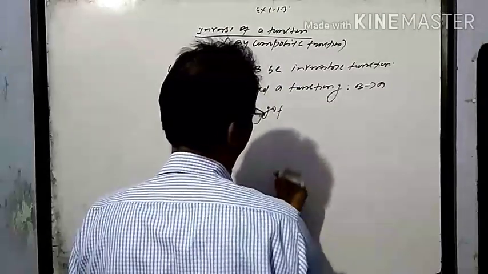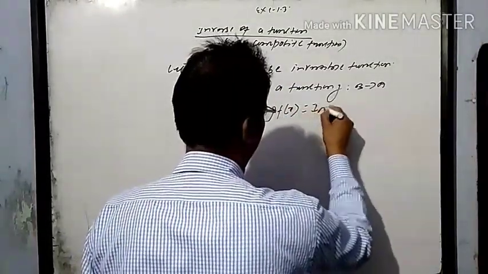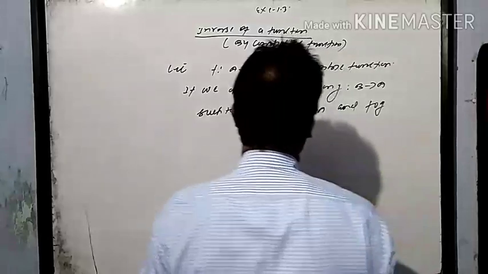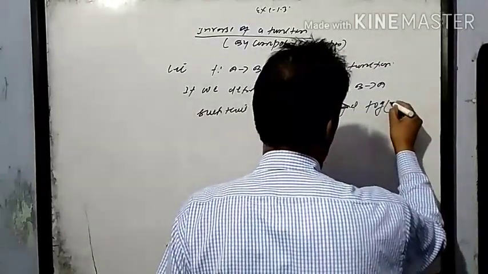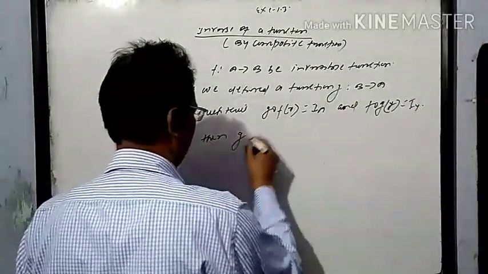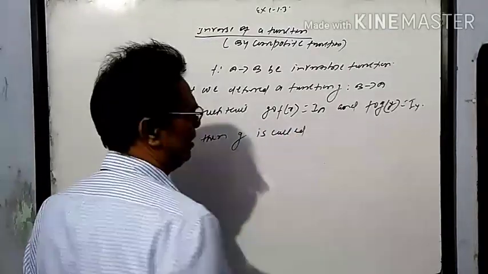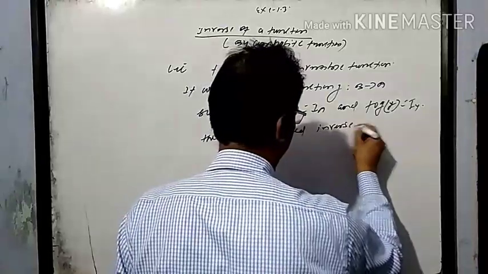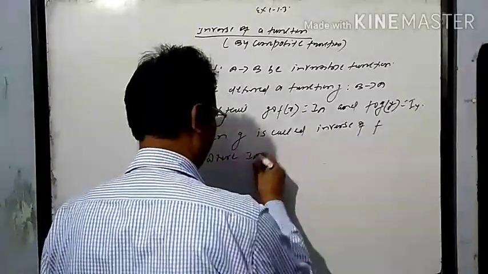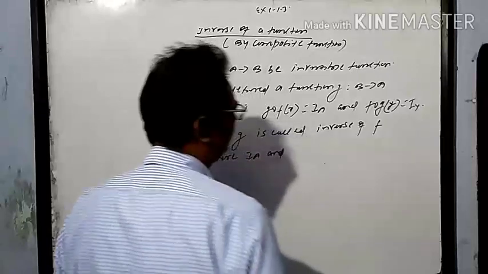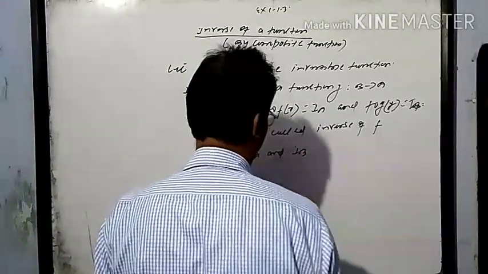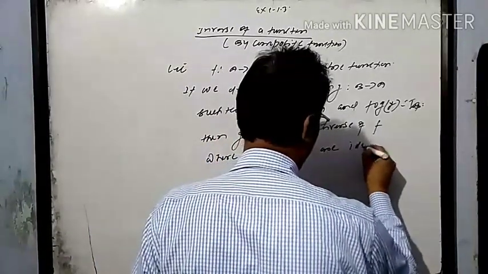g composite f is equal to I_A and f composite g is equal to I_B, then g is called the inverse of f, where I_A and I_B are identity functions.